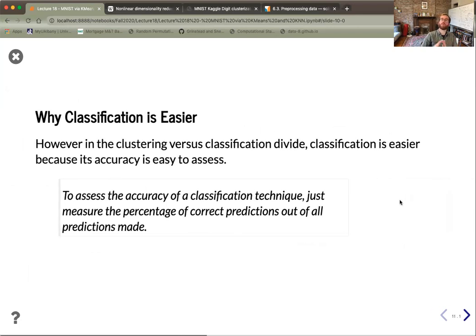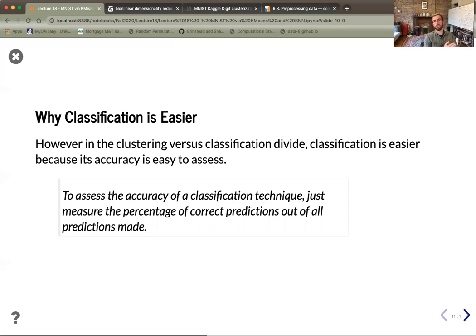Before we get to those fancier methods, again, we want to start with more primitive methods. So the question is, should we use clustering or classification? We don't always have a choice, but in the MNIST data set, we do. As a quick reminder, classification is always easier because someone's already telling us what the labels or classes should be.